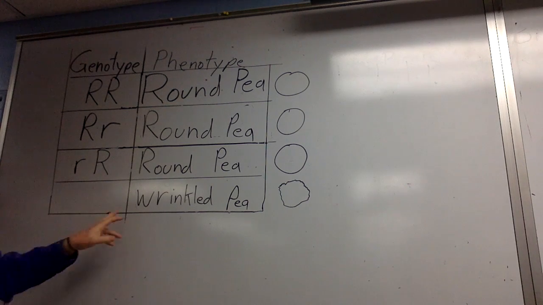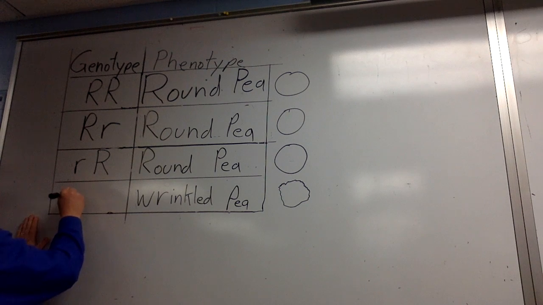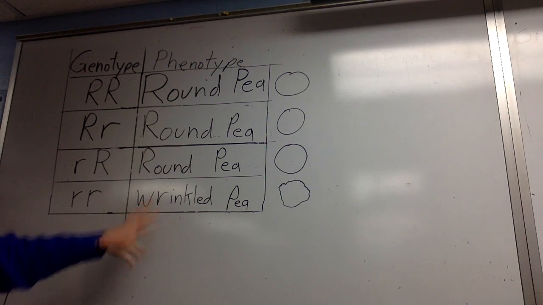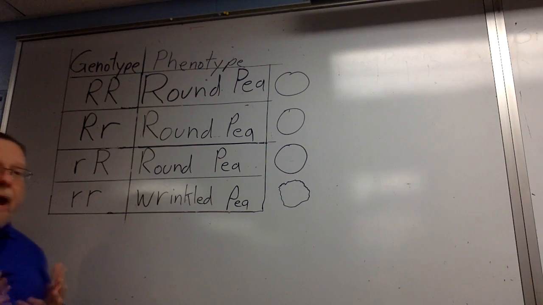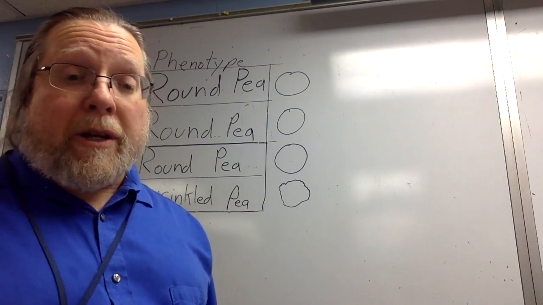And finally, there is one genotype that codes for wrinkled peas, and those would be called homozygous recessive. Recessive phenotypes are expressed only when there is no dominant allele present. So, we're going to use this concept next to look at Mendel's crosses and how some of these results occurred.